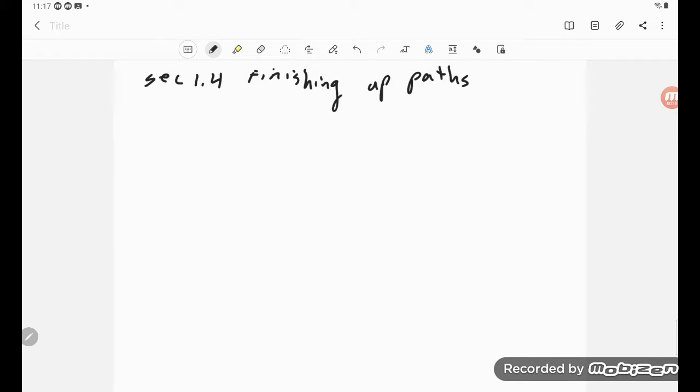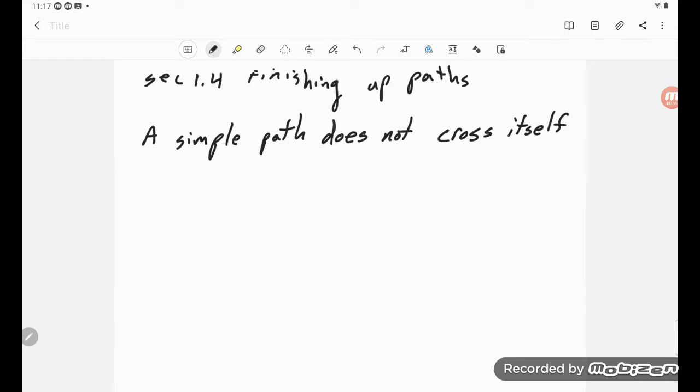So a simple path does not cross itself, except possibly at its ends.